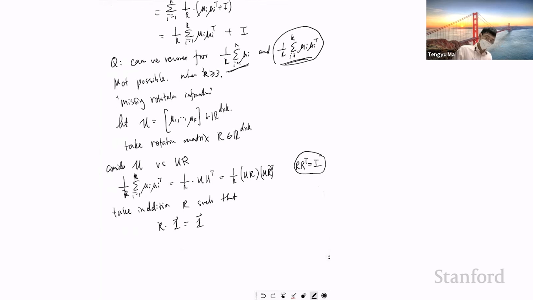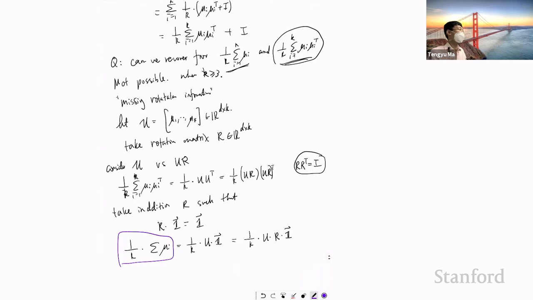Suppose you satisfy this. Then 1 over k times the sum of mu I is 1 over k times U times all1 vector, and I'm claiming that this equals 1 over k times U times R times all1 vector, just because I design R like this. So from this average column statistic, you still can't distinguish U and UR.